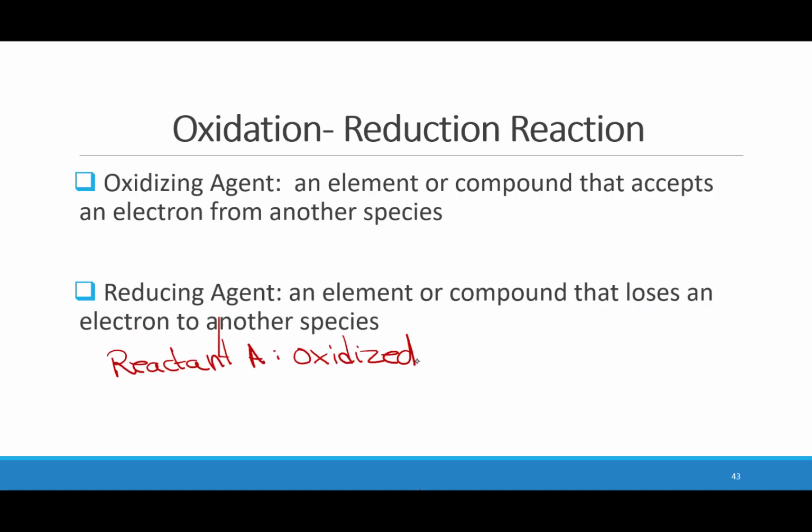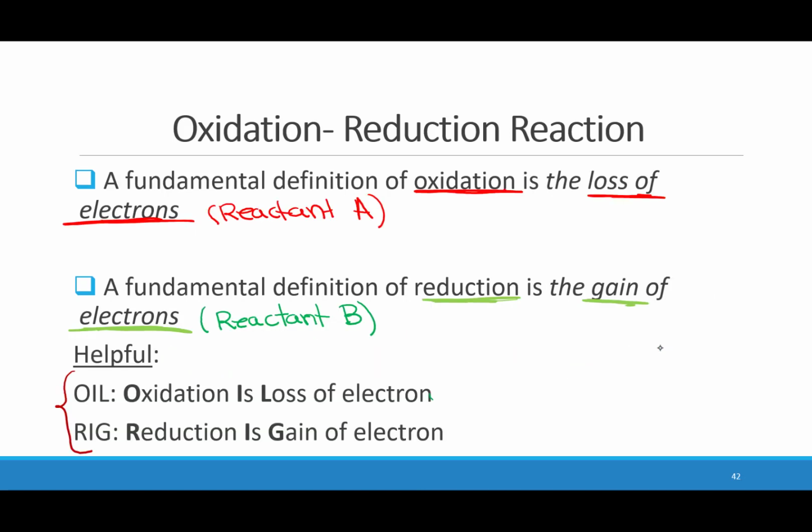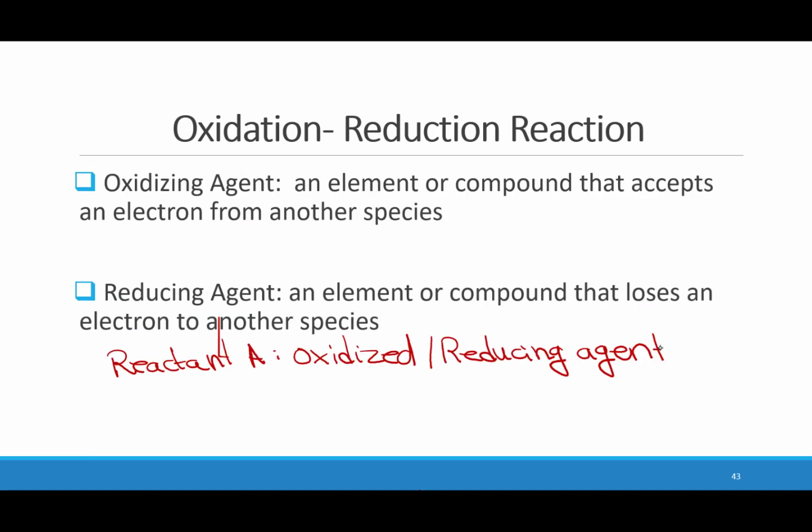That's why reactant A is oxidized, but it's also a reducing agent. That means it's going to help reactant B to get reduced, and vice versa. Reactant B is reduced, but it's going to help reactant A to get oxidized. Then reactant B is reduced, but it's an oxidizing agent.